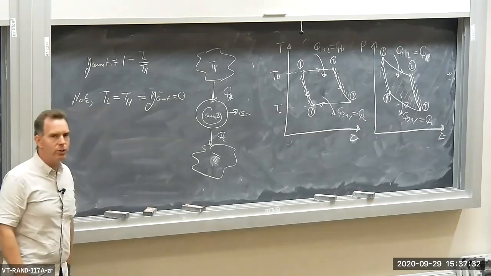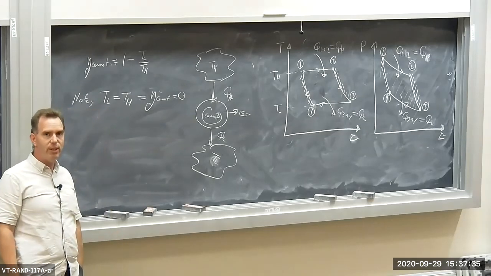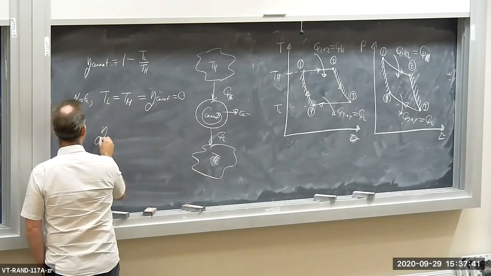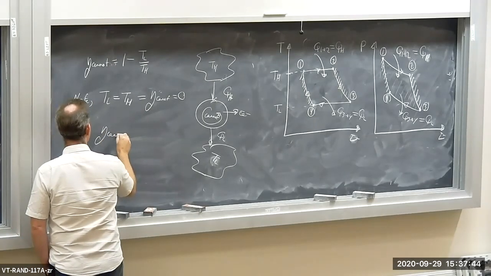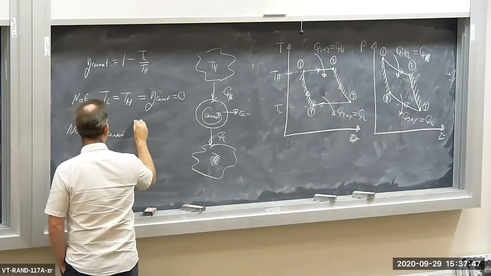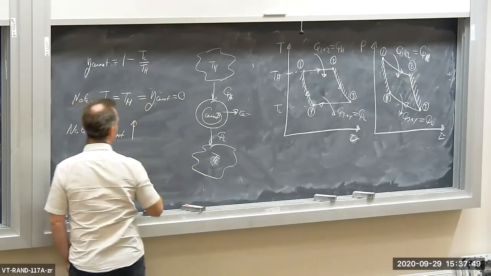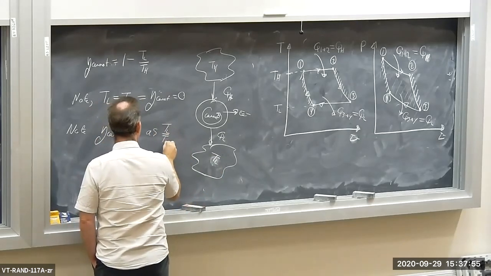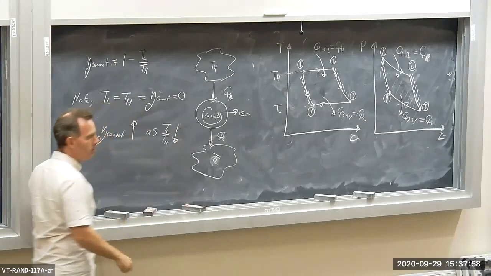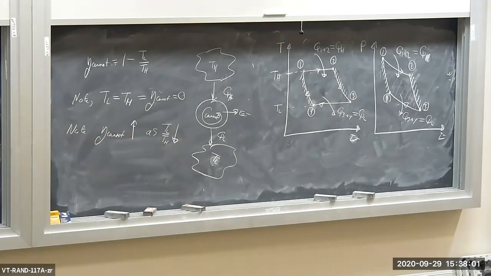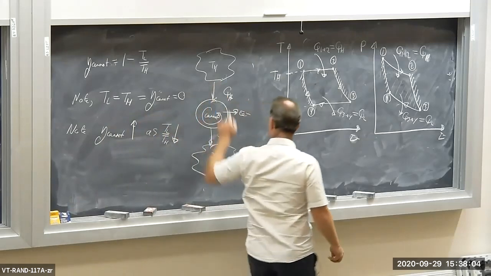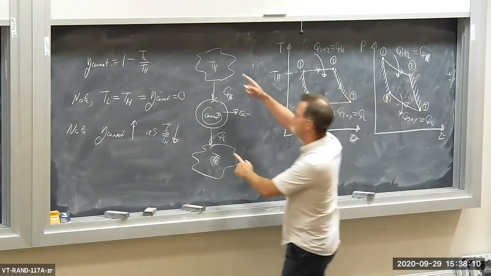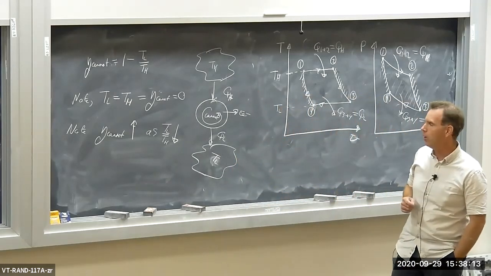Now, under what conditions does this thing produce the most work in terms of efficiency? When is it most efficient? Note, efficiency, Carnot, goes up as the temperature ratio goes down. So the larger the temperature difference between the two reservoirs, the hotter the high temperature reservoir is and the colder the low temperature reservoir is, the bigger that temperature difference, the greater the efficiency is for this Carnot heat engine.